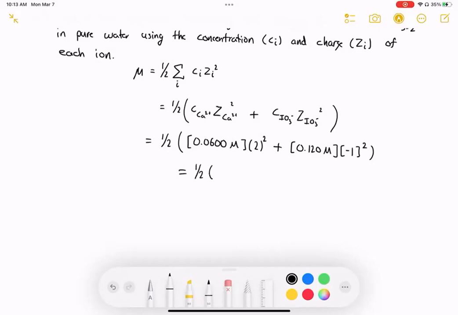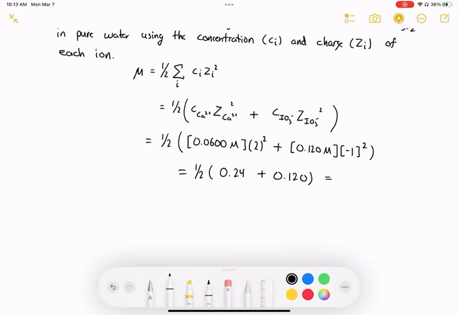Okay. Now, if we solve that equation, we will get 1/2 times 0.0600 times 4 is 0.24, so we get 0.24 plus 0.120 molar, and actually let's just put the units at the end here.